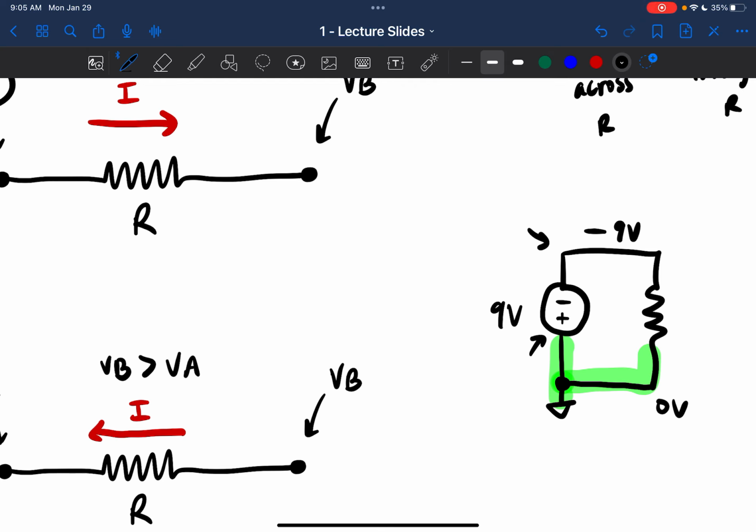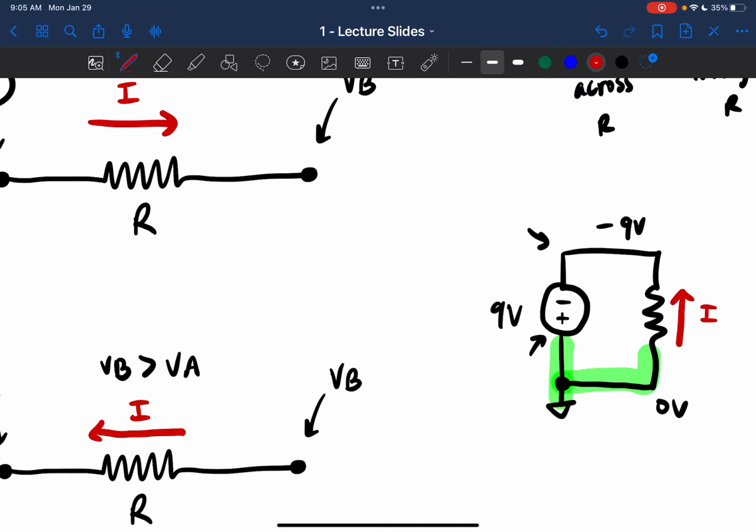That is correct, we can have negative voltages. So in this case, what direction would my current be flowing? It flows from the higher voltage to the lower voltage, and 0 is definitely higher than negative 9. So my current would actually be flowing this way.